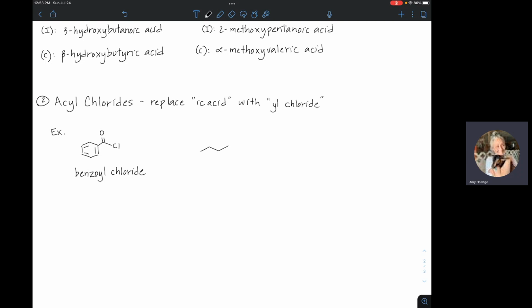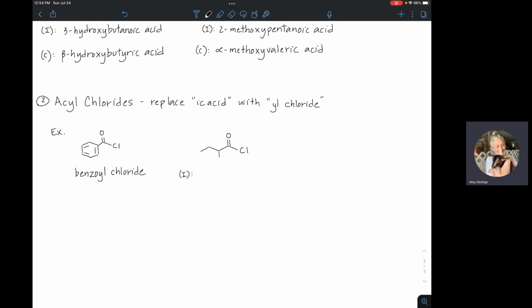So let's do one more real quick. One with a substituent maybe. So let's stick something here. So an IUPAC nomenclature. Follow our little theme here. On carbon number 2, we have a methyl group.